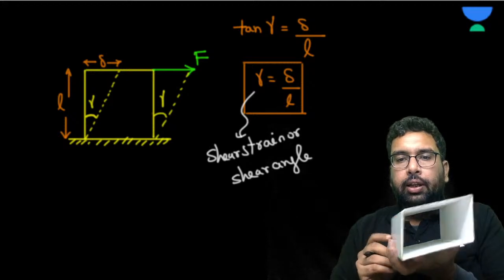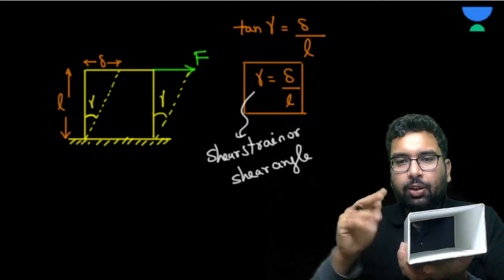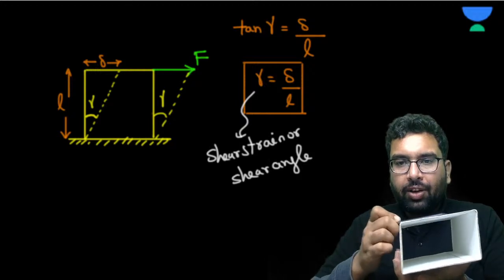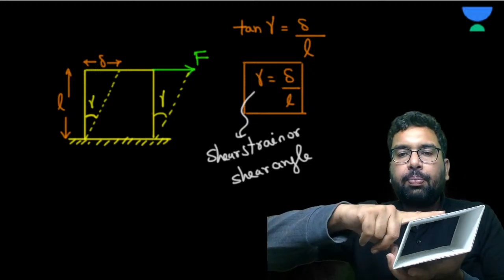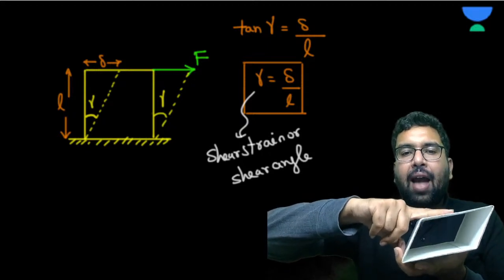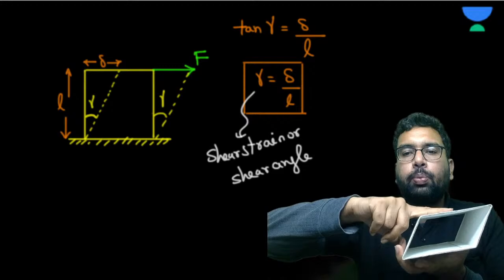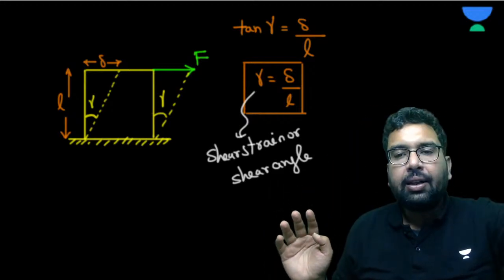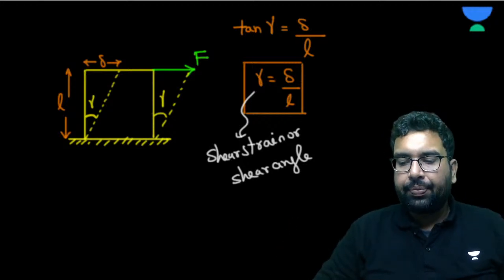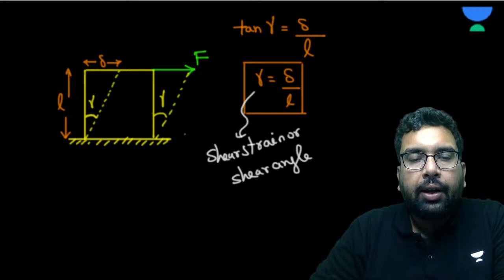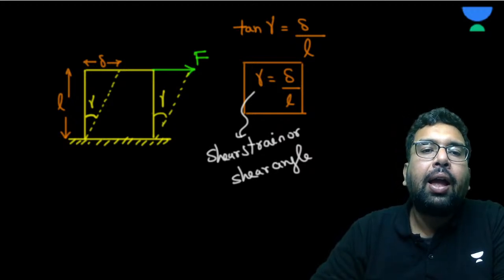So I wanted to explain this with a demonstration. This is a body looking somewhat like this. When we apply the force like this, it will become like this. There will be a change of shape in some sort of an angle, which we call gamma.